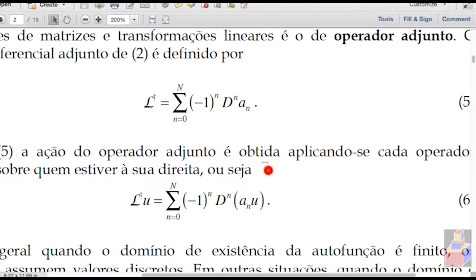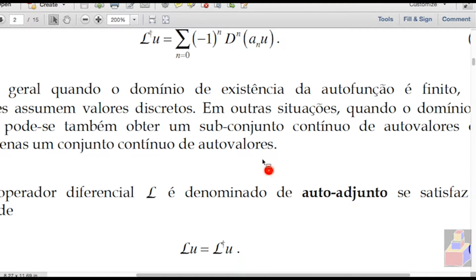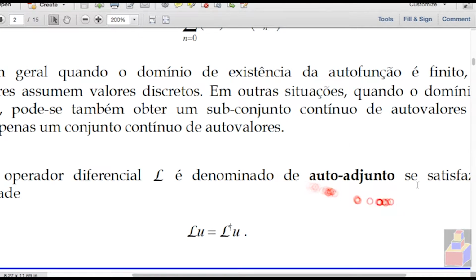So adjoint operators are constructed like that. And one important type of operator is the self-adjoint operator. An operator is called a self-adjoint operator if it satisfies this relationship here: L applied to u is equal to L dagger applied to u. Okay? So not all operators satisfy this.